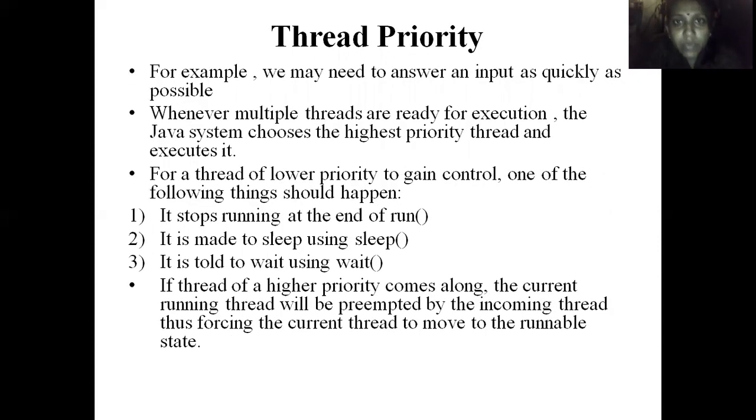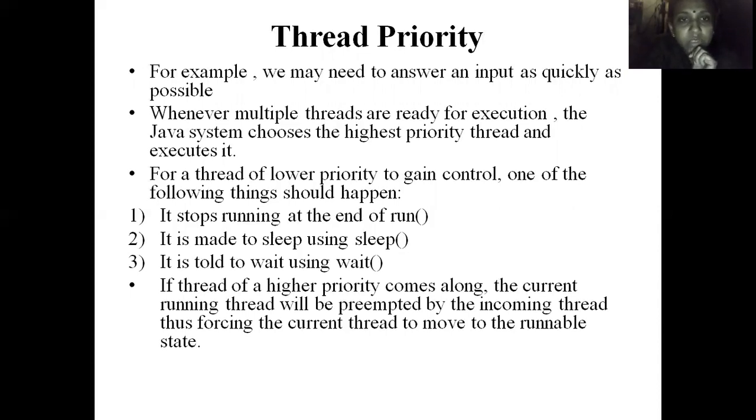For example, we may need to answer an input as quickly as possible, so we will set a higher priority for it. Whenever multiple threads are ready for execution, the Java system chooses the highest priority thread and executes it. It's very normal that the highest priority thread will get the chance at the beginning.